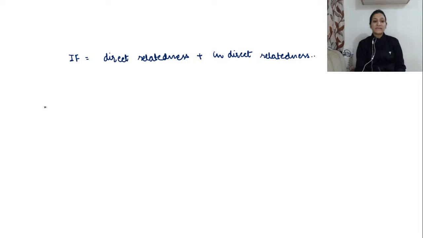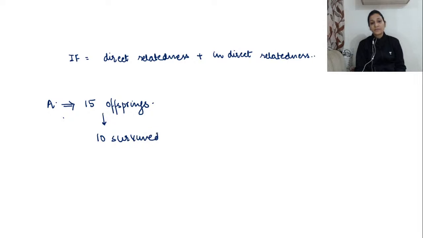So if we are seeing that there is an individual A, and A gave birth to 15 offsprings, and amongst these 15 offsprings, 10 survived.